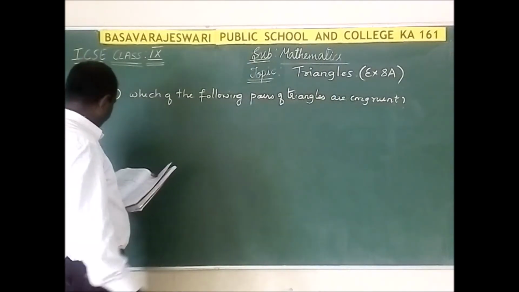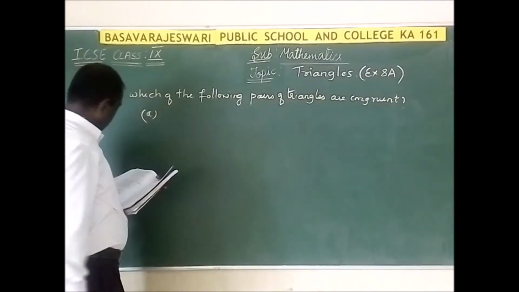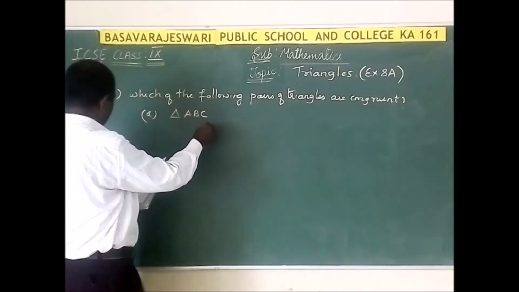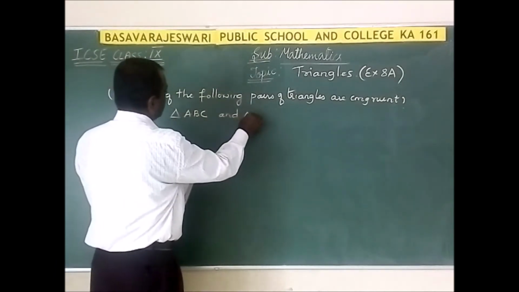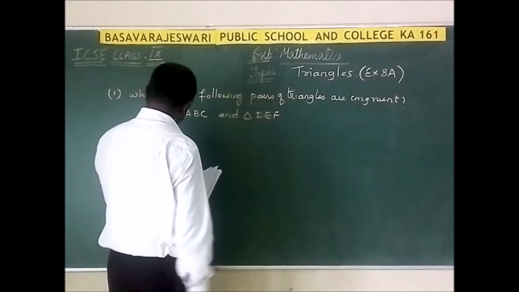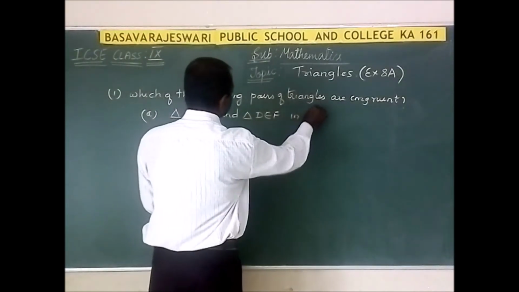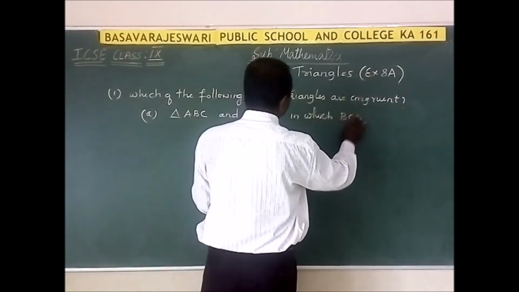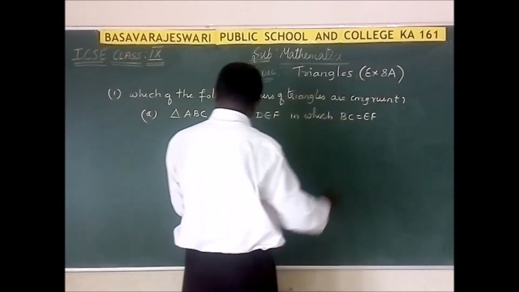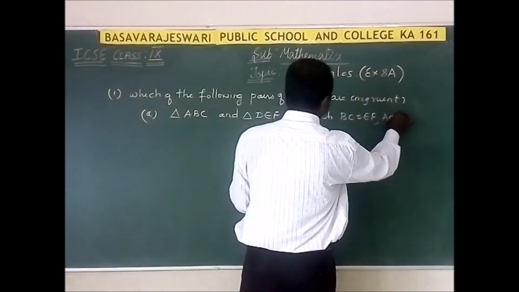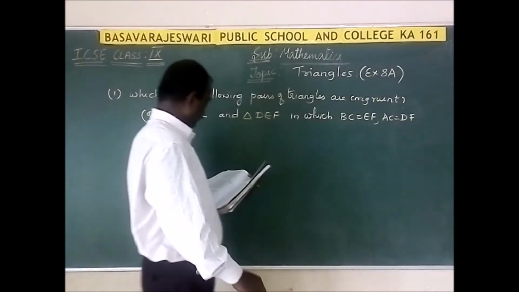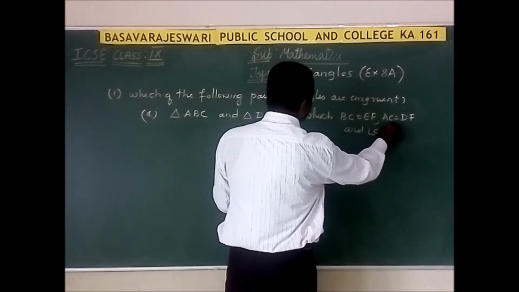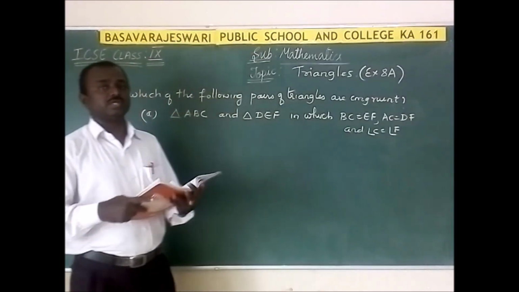Okay. In that first one, A, triangle ABC and triangle DEF are given, in which BC is equal to EF, AC is equal to DF, and angle C is equal to angle F. So these are the data they are given.